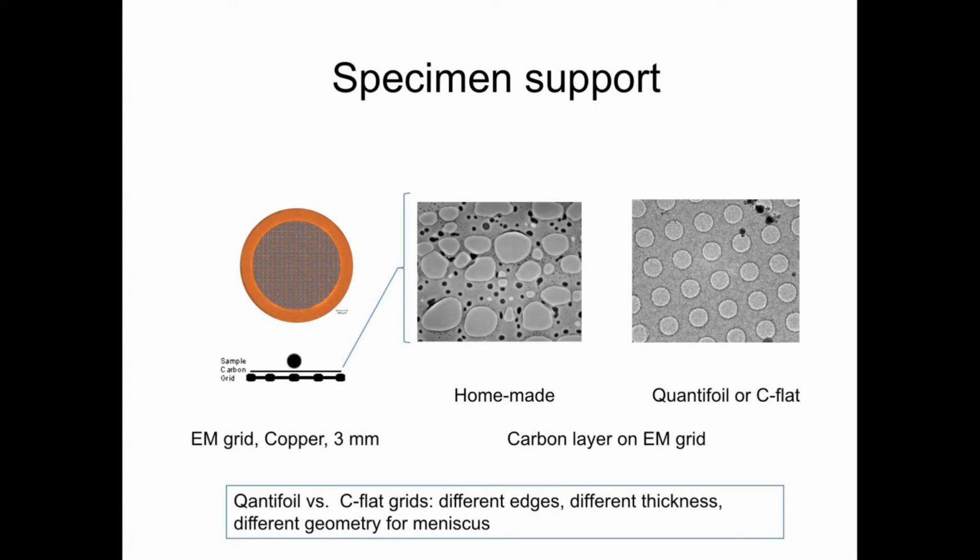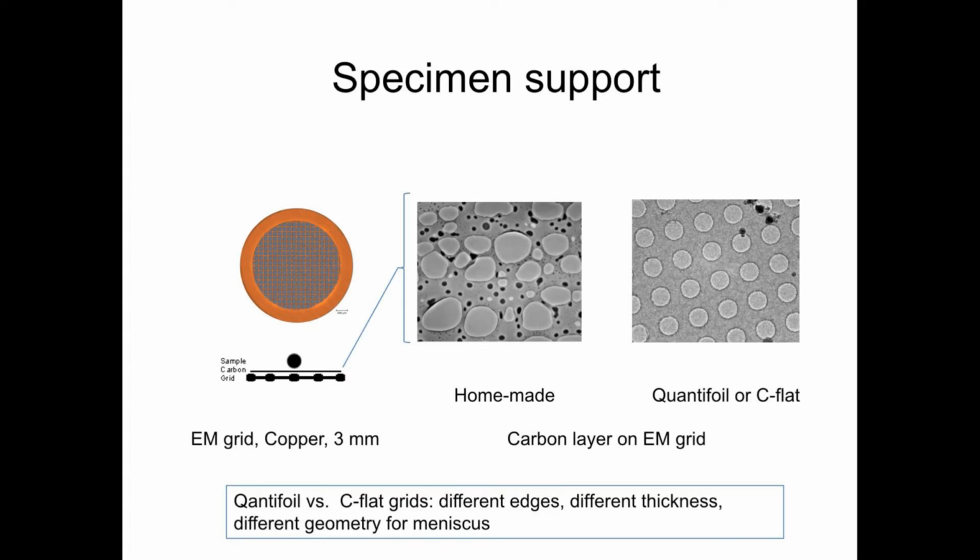But meanwhile, we have these Quantifoils, which have holes of an exact size and in an exact arrangement. Obviously, these make data collection and automation of data collection much easier, and they also allow control of the geometry, which determines the formation of the meniscus at the edge.